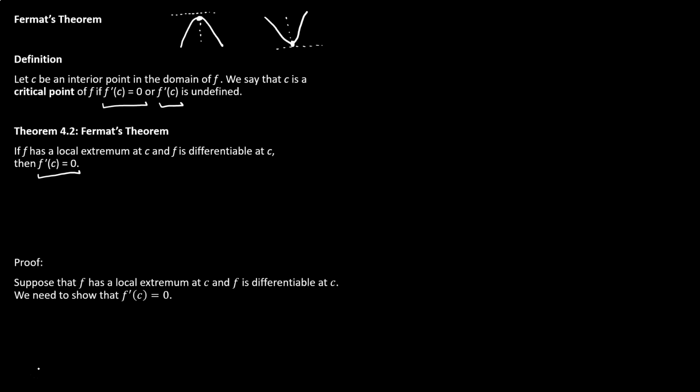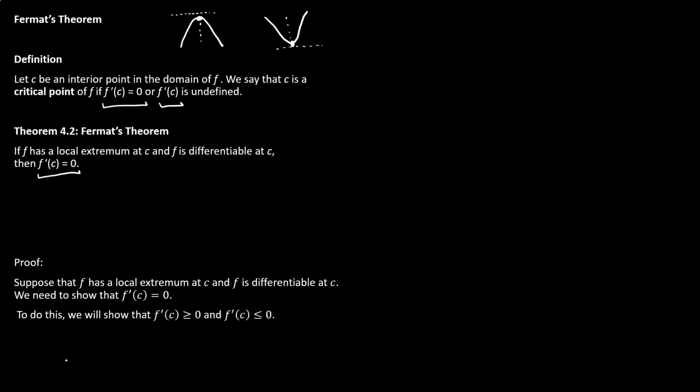To prove this theorem, we're going to suppose that a function has a local extremum and that it's differentiable, just like the theorem says. And we're going to show that the derivative at that c value has to be equal to zero.